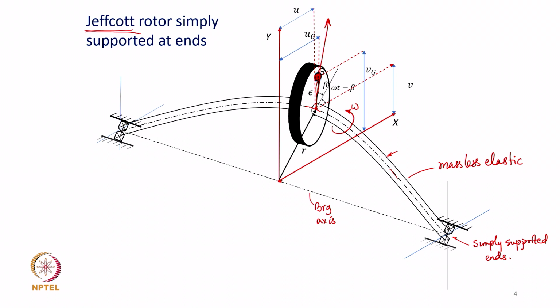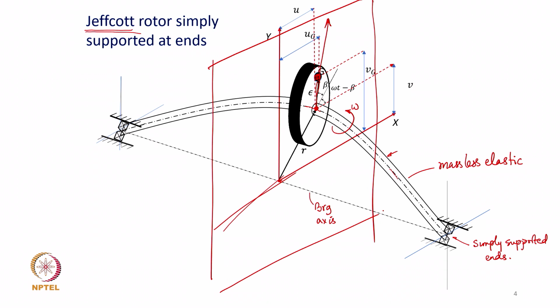The position of the disc center or the shaft center in the plane where the disc is located, if you consider this as the plane perpendicular to the bearing axis and containing the disc, is given by the radial distance r. So, the position vector of the center of the disc, and of course the center of the shaft at that location, is given by r.